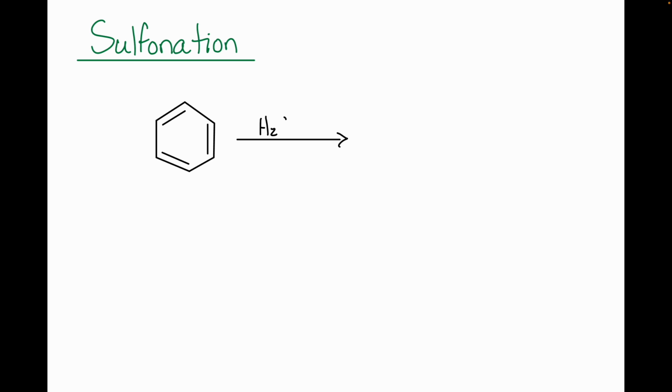It's going to react with H2SO4, but importantly, you have to boil that H2SO4, what we would call fuming H2SO4. And importantly, it's the fumes that will react with that benzene molecule. This will create what's called a sulfonic acid. Put an SO3H group on there.